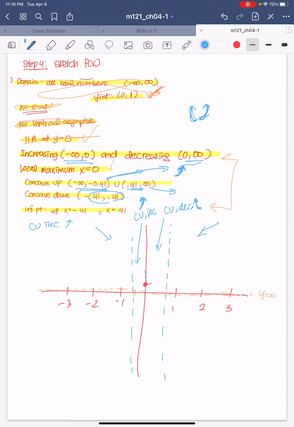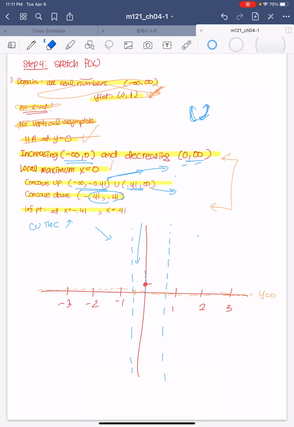I misread it. 0.41 to infinity, that's this part here. Let's do it again. My apology. Let me rewrite it again.